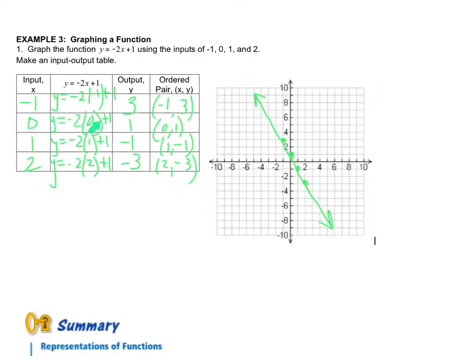This becomes 0 plus 1 is 1, so 0, 1 is a point. This goes in as a 1. Negative 2 plus 1 is negative 1, so 1, negative 1 is a point. And lastly, negative 2 times the 2 that goes in is negative 4, plus 1 is negative 3. So then I would plot my 4 points and connect my line. You should be using a nice straight edge to see a nice straight line, and that's how you would graph the function.